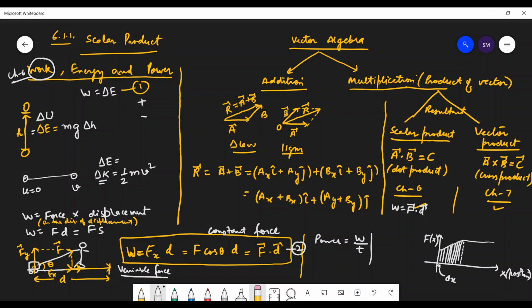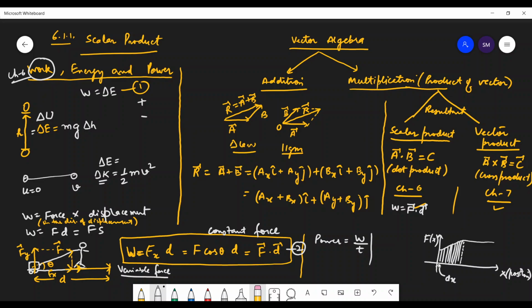So this can be F dot delta x, and I want to add all these F dot delta x. When I add all of them, and the number of strips tends to infinity, then it will change into the long sum, the integration sign.